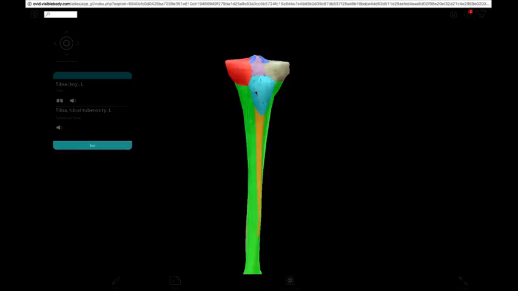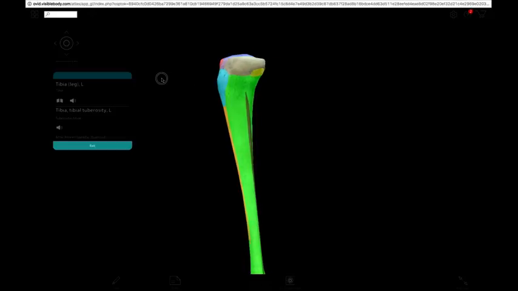Here you see the famous tibial tuberosity. This is really an epiphyseal, there's a growth plate here. Very famous condition that occurs in this region is Osgood-Schlatter disease. You might have heard of this, very, very common.